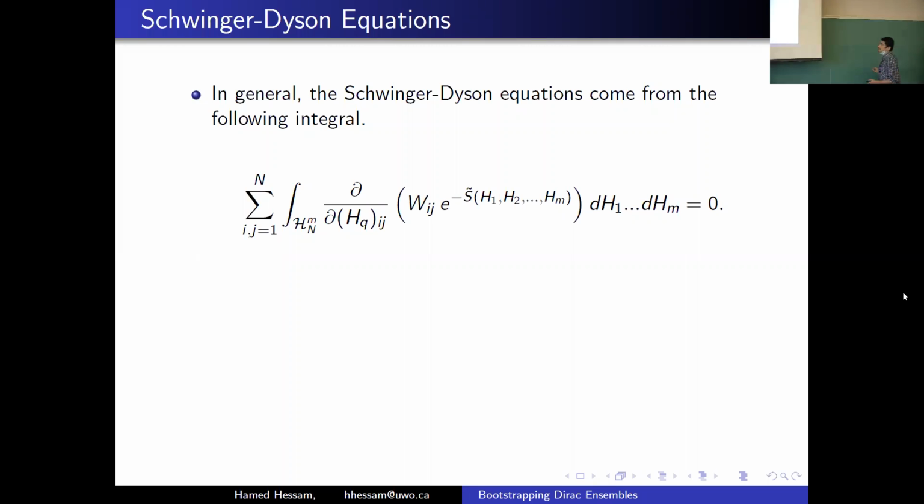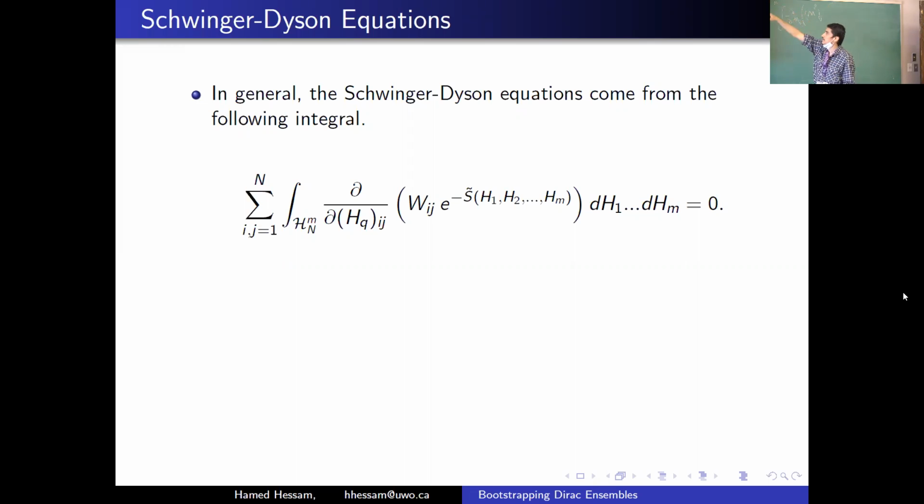For instance, if we have just one matrix M, we will take the partial derivative with respect to the ij entry of M to the power of something, let's say L, at the ij entry.